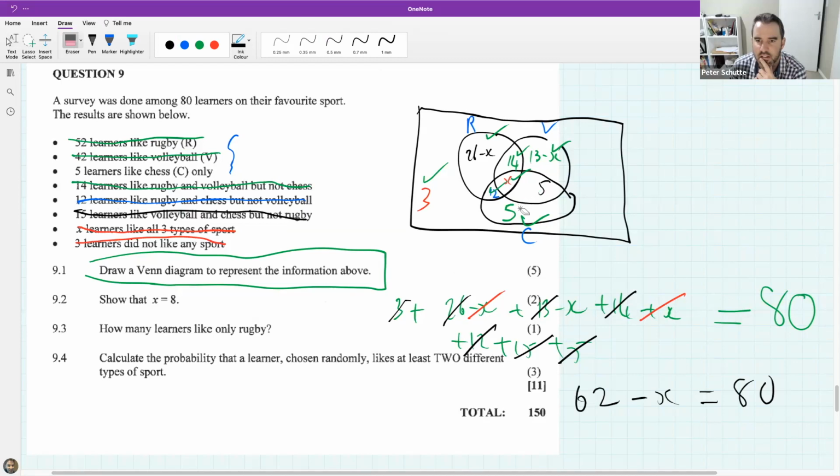I left something out, 3. Okay, I might have made an adding up mistake. So have a quick look and see what you get.